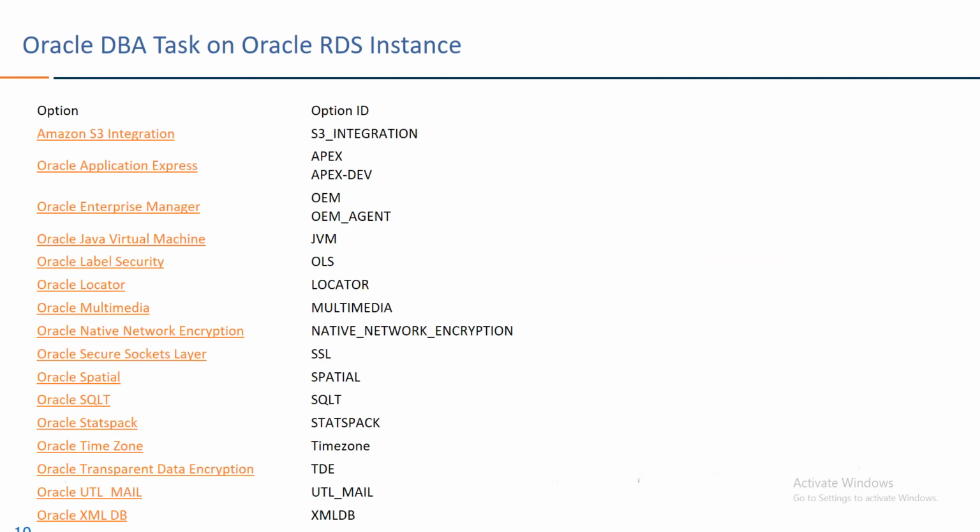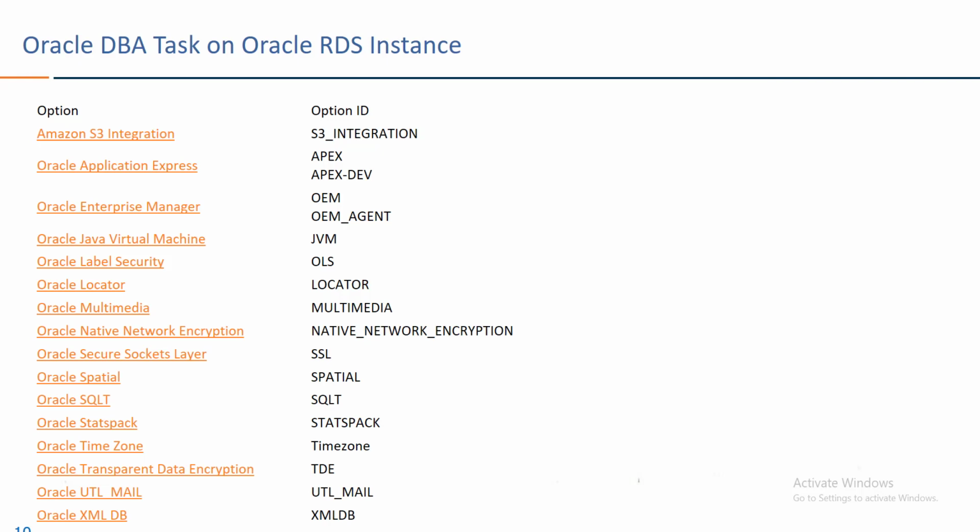Now this is important: DBA tasks for an Oracle RDS instance. While launching, I repeat one word, that is called option group. The option group is assigned by default. Whenever you choose an engine and database version, that default option group will get associated with the database.